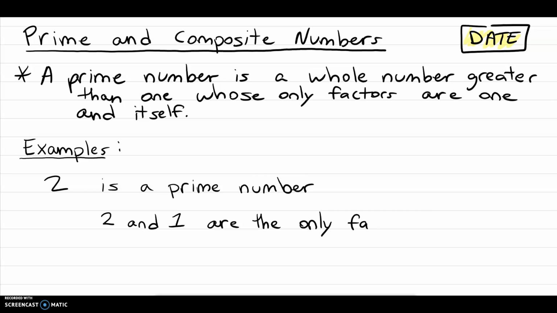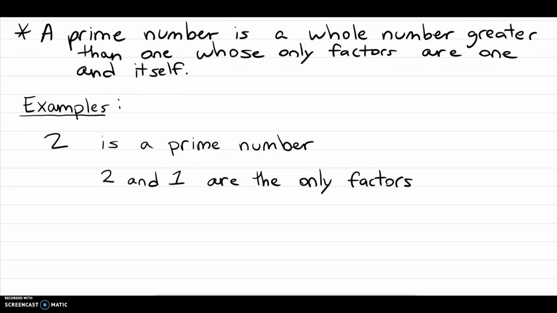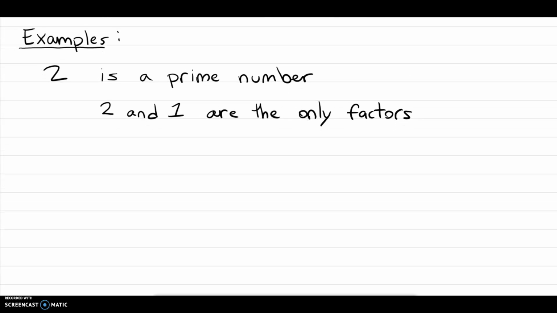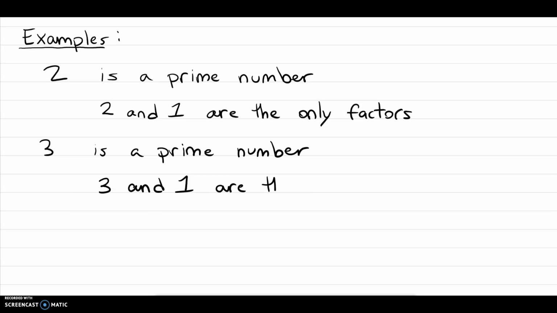So the only whole numbers you can use to multiply together to get 2. There's no other way to multiply with 2 using whole numbers. Three is also a prime number. The only numbers that can be used to get 3 to multiply are 3 times 1. So they are the only factors.